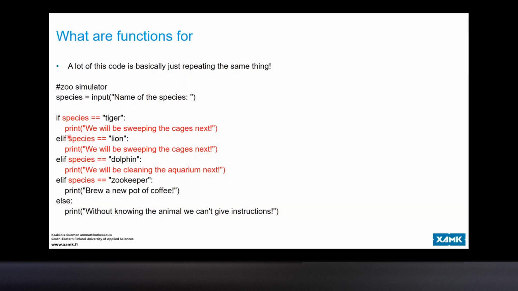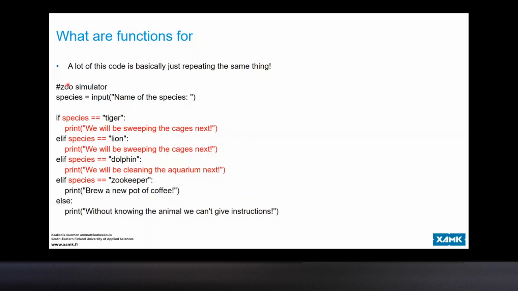We need to do this if-else logic here, but we're just doing the same thing over and over again. We're doing the comparison the same way every single time. And also a lot of the text is the same, especially with these two animals, the tiger and the lion. For these, the action is actually the same. It says we'll be sweeping the cages next. It's exactly the same for both.